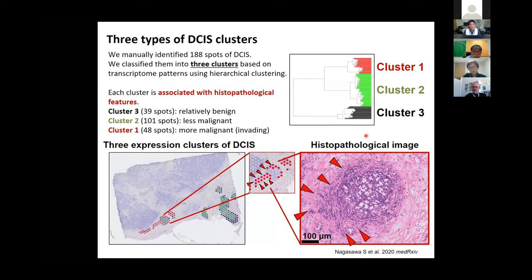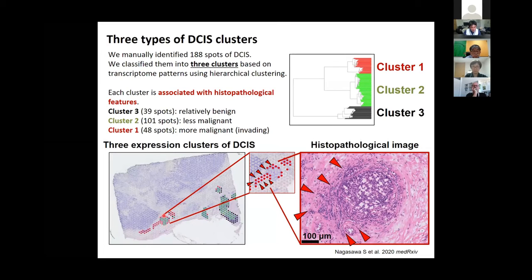And we were interested particularly in this part, because it is pathologically within the same duct and the same region at least, but transcriptomically, from the viewpoint of the transcriptome features, they belong to two separate clusters.